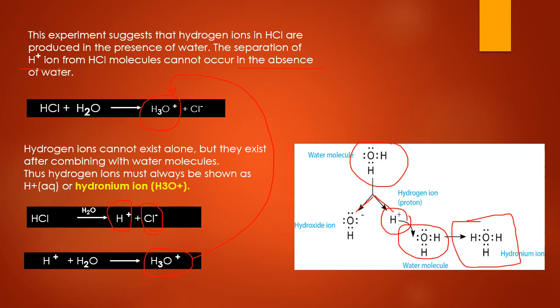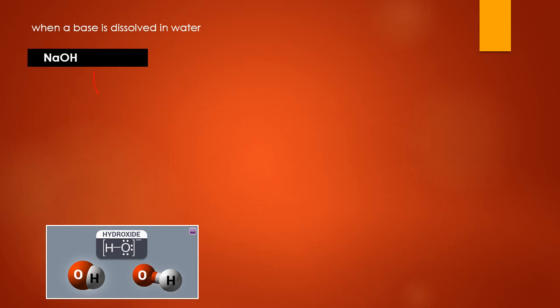That occurs when acid is mixed with water. The same reaction takes place in the case of base. NaOH is a base. In the presence of water, it will also get ionized into Na plus and OH minus.